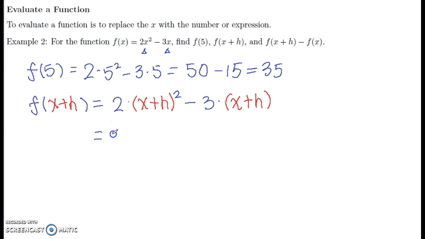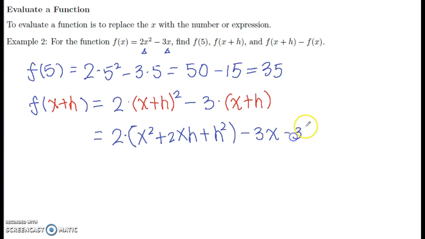So we do 2 times x plus h squared, we get x squared plus 2xh plus h squared. And we distribute the negative 3 to x and h, we get minus 3x minus 3h.